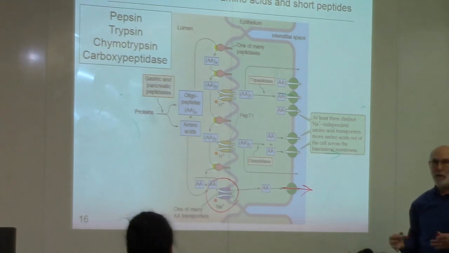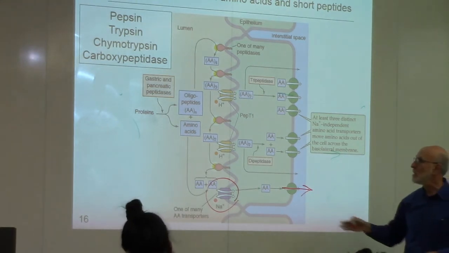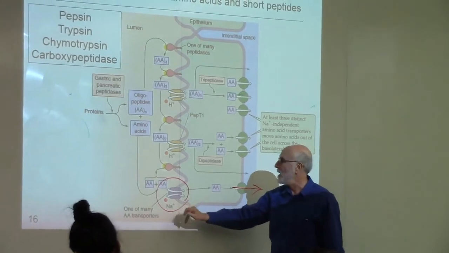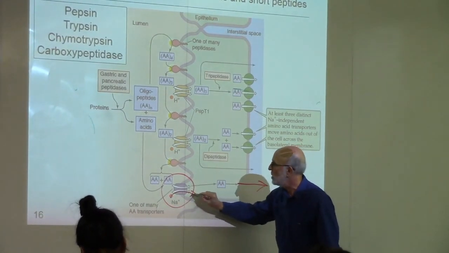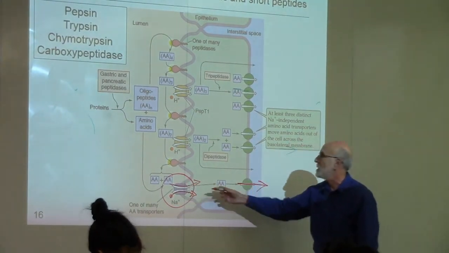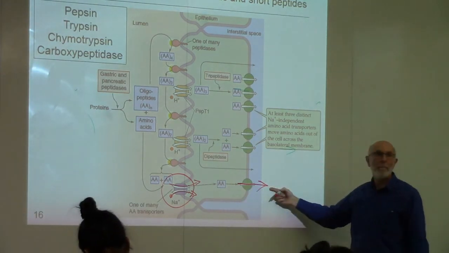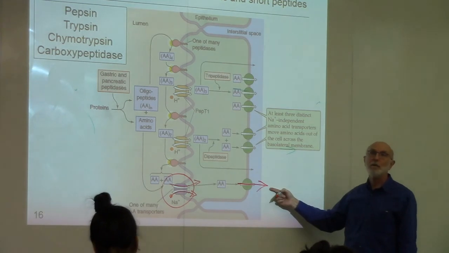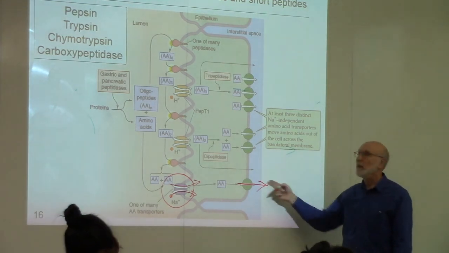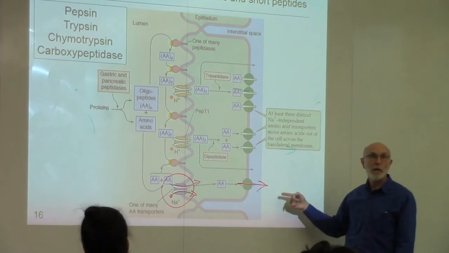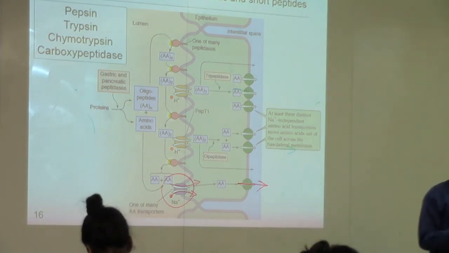Polypeptides are broken down into amino acids, and we have a sodium-dependent pumping of amino acids into the cytoplasm of the epithelial cell, and then a passive facilitated diffusion uniport to bring the amino acids into the lamina propria where the capillaries are.